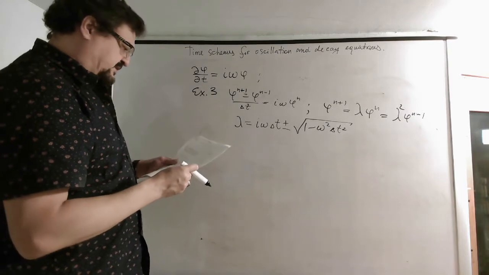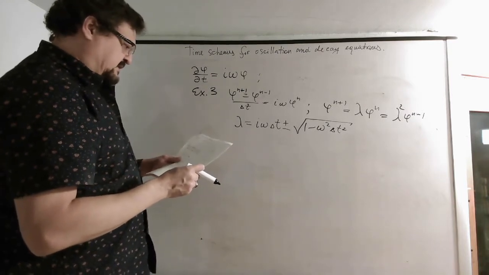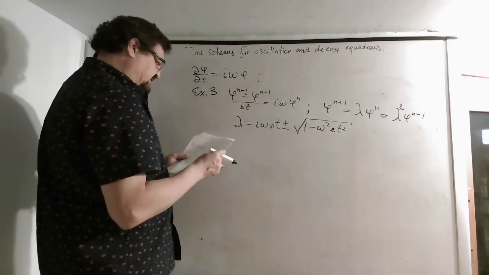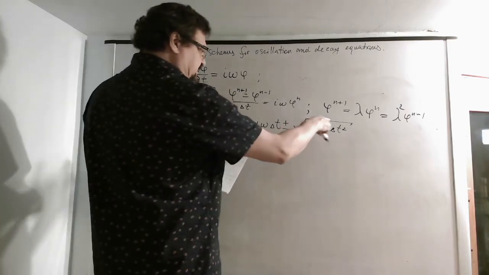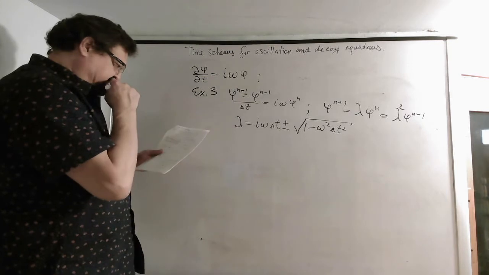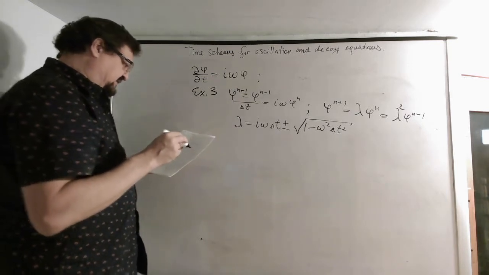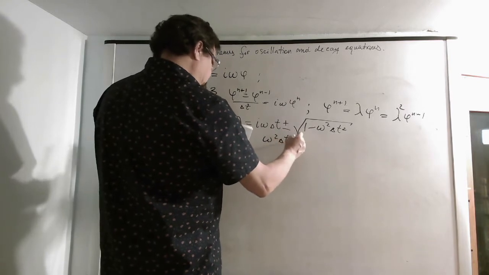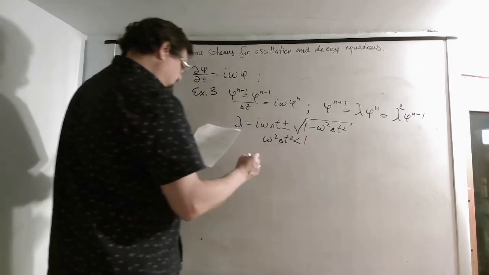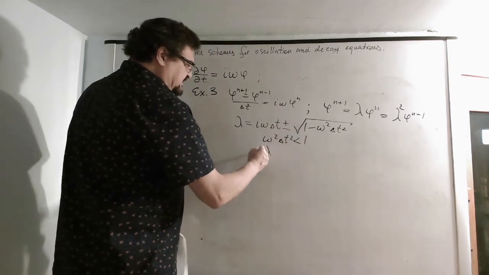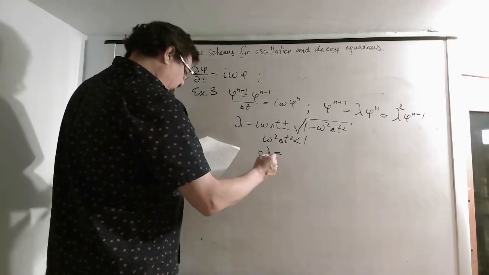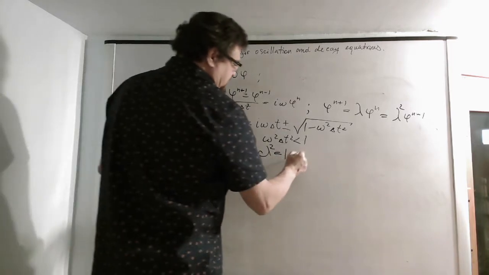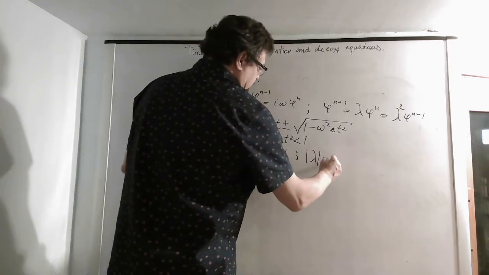So we need this guy to be smaller than 1, so that it would be positive. In that case, omega square delta t square is smaller than 1. Then lambda squared will actually equal 1, which means the amplitude of lambda will be 1.